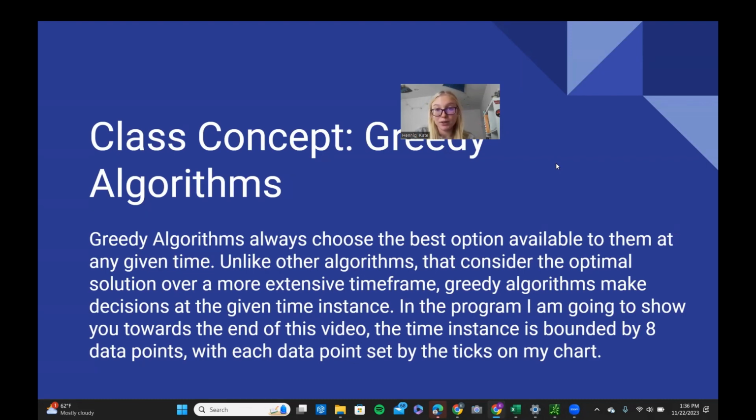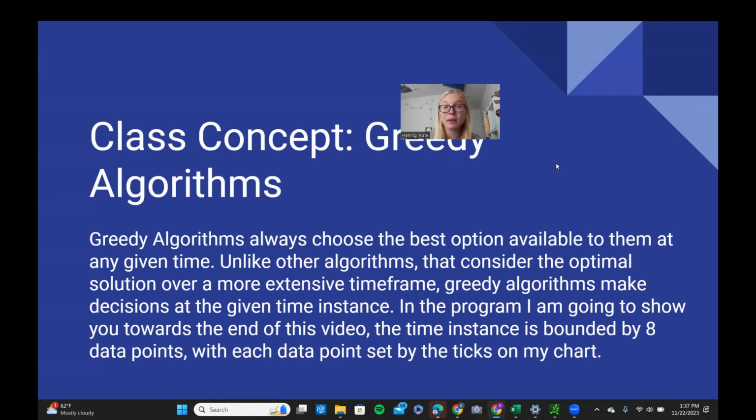And if your closest city is not leading you towards the other cities, you're probably not going to end up with the optimal solution. So the conclusion from that is that greedy algorithms are not always right, but often they get close enough in certain situations. And in the case of trading, they often do help you make a profit.